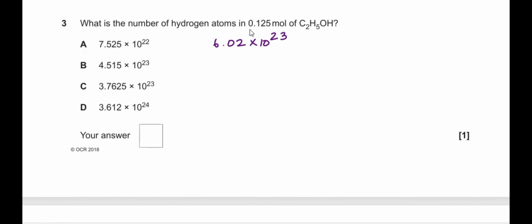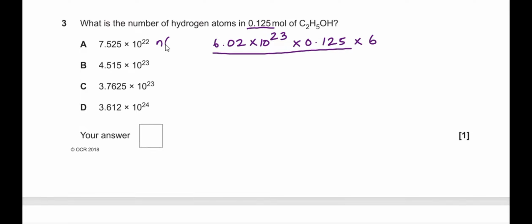Therefore, in 0.125 moles of C2H5OH, the number of molecules will be this multiplied by 0.125. Not over yet. The question is asking us the number of hydrogen atoms. Therefore, in 1 molecule of C2H5OH, there are 5 plus 1, 6 hydrogen atoms.